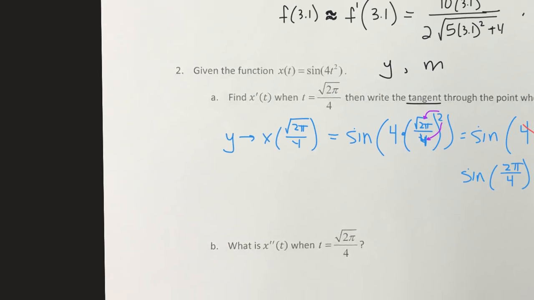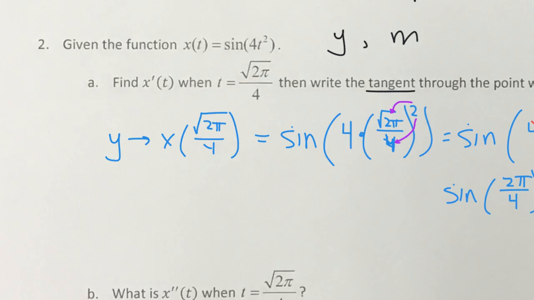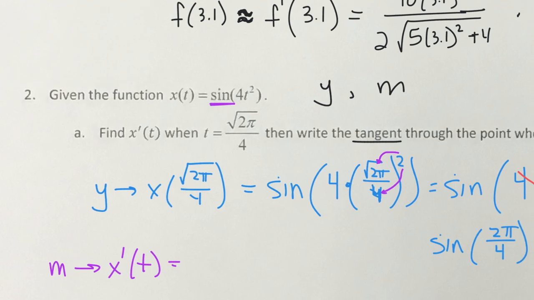Now for the slope, which means we have to find the derivative. Every time we have a trig, this is going to be a chain rule also. The outer shell of our chain rule is the sine, and the inner part is our 4t squared.